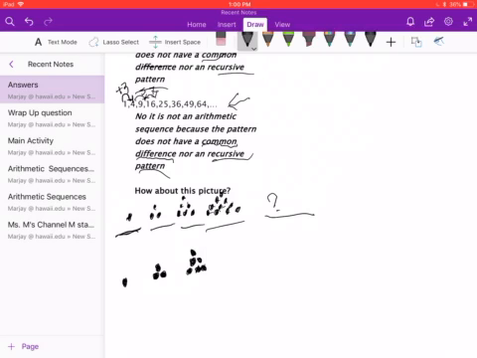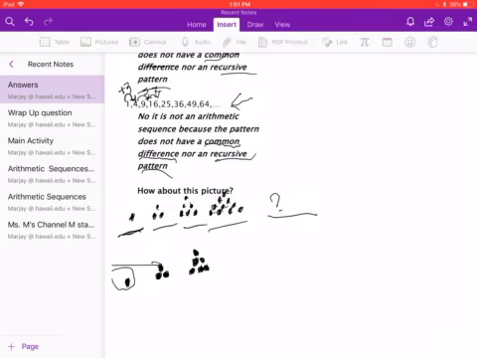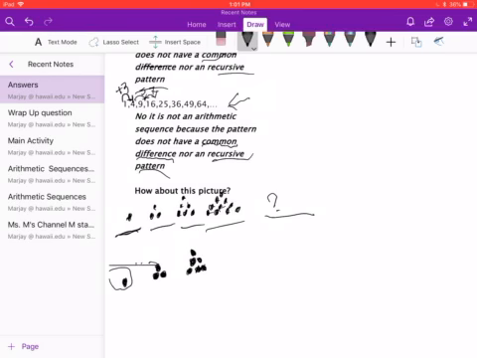So the pattern is that this one is being moved to the top. So what I'm trying to say here is that they're getting the next visual based from adding a number of balls on the bottom of it.